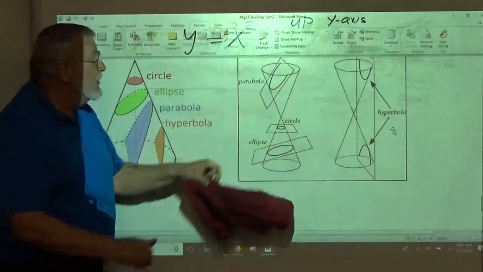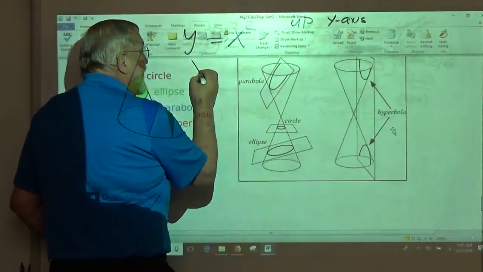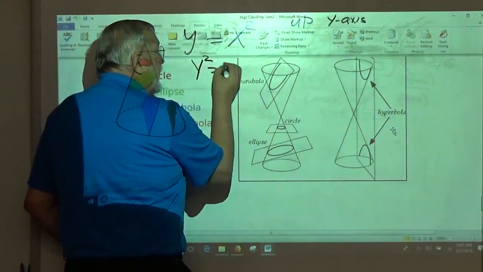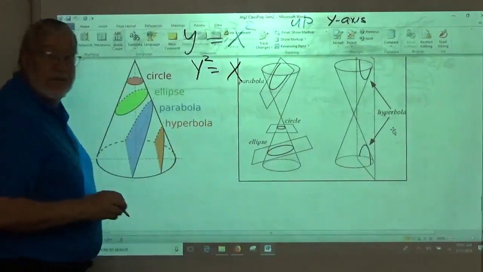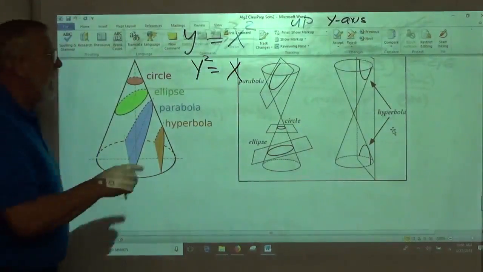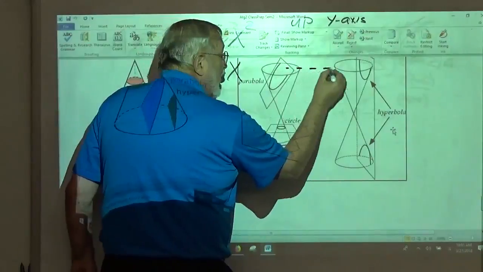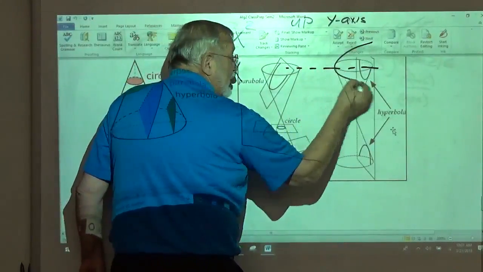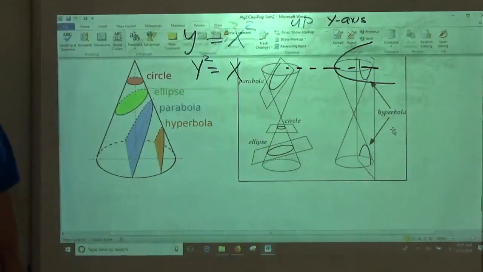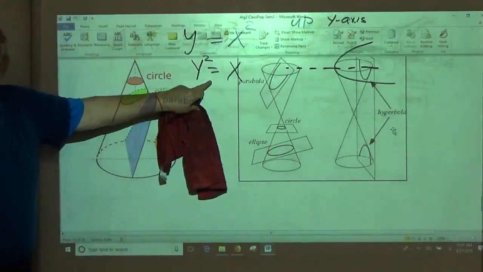You know this. So if I switch it and say y squared equals x, now it's going to be along the x-axis, and so I'm going to have a line of symmetry like that. Okay? That's this one.